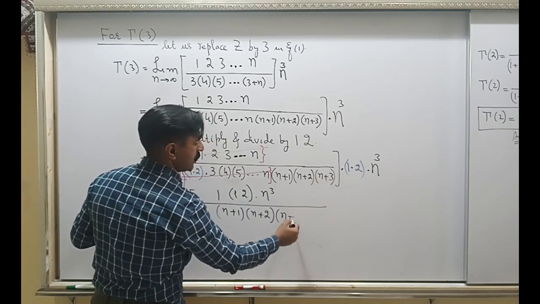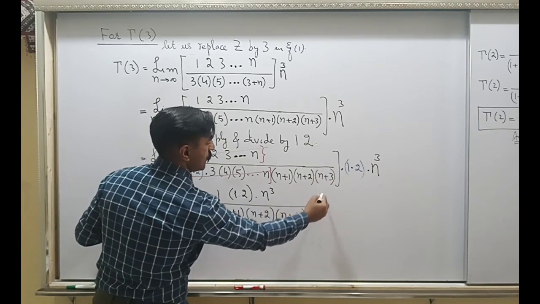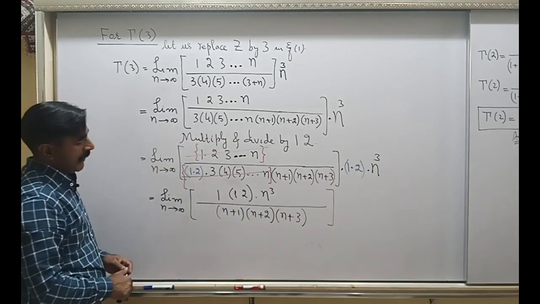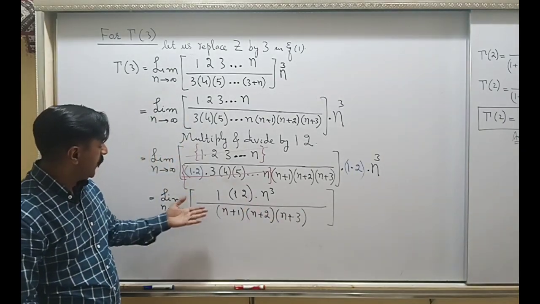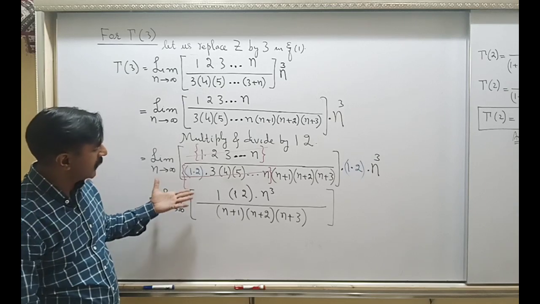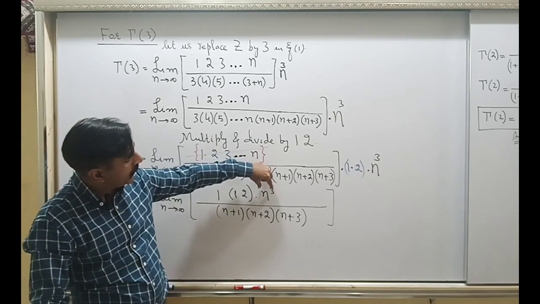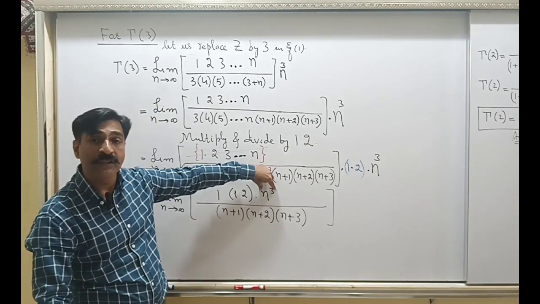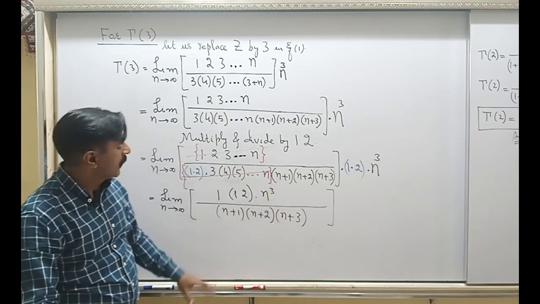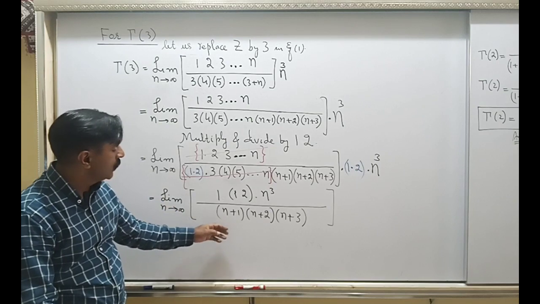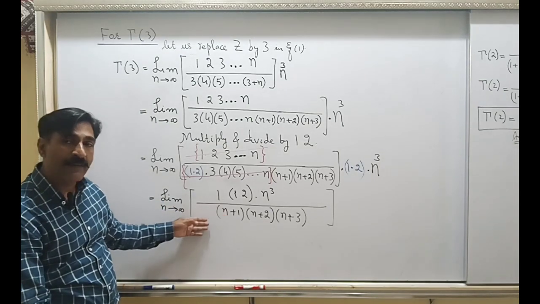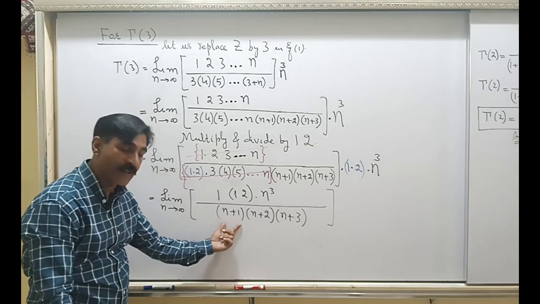This bracket is completed. Now you need to evaluate this limit, and the rule is the same again. There is only one factor in the numerator containing n, leave it. But there are three factors in the denominator, and each time you need to pull out the highest power of n from the factor.